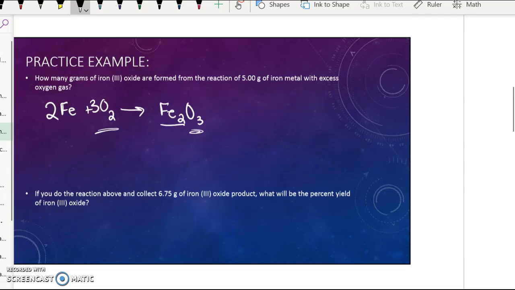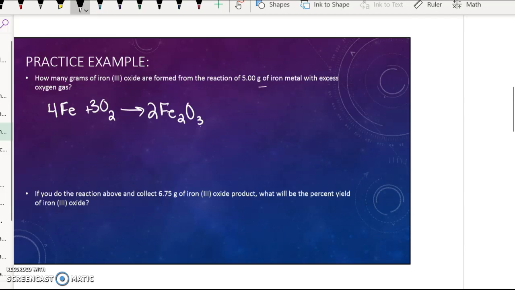So 3 times 2 would give me 6 oxygens on my reactant side. Then I would want a 2 right there, because 2 times 3 will give me 6 oxygens on this side. But now I have 4 iron on the right side, so I just need to change this to a 4. Now everything is balanced.